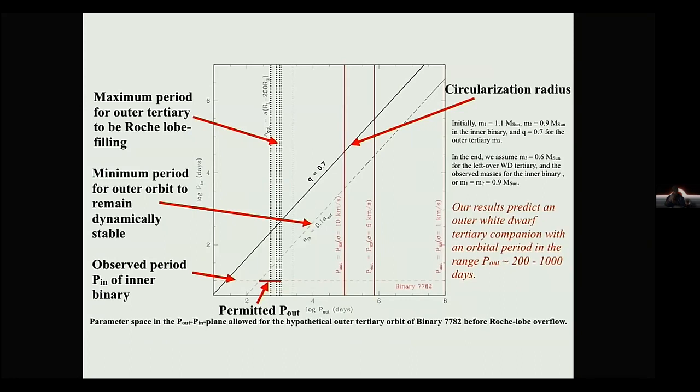The solid diagonal black line shows the period for the circularization radius, calculated assuming conservation of angular momentum. So this is roughly where the mass transfer stream will end up, circularize, and then start to diffuse out due to viscous diffusion.